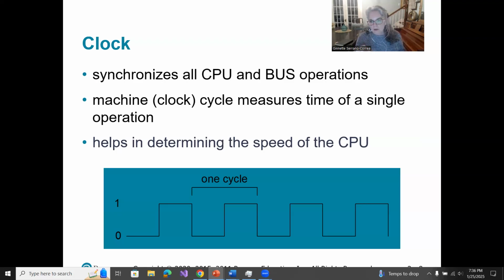As far as the clock cycle, one clock cycle is 1 hertz, and 1 hertz is one cycle in 1 second. So if we say that the clock cycle is 1 megahertz, it would be 1,000 hertz.